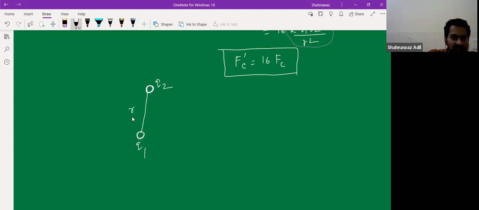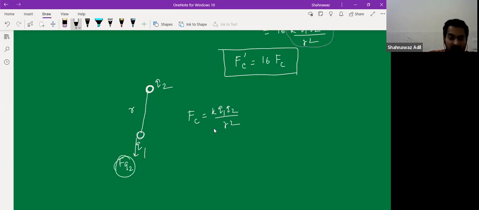This was the separation, and the magnitude of this Coulomb force would be K Q1 Q2 by R square. And the direction is, if this is the charge which is putting a force on Q1, this would be a repulsive force in this direction if the charges are the same. So this would be the force F due to Q2.